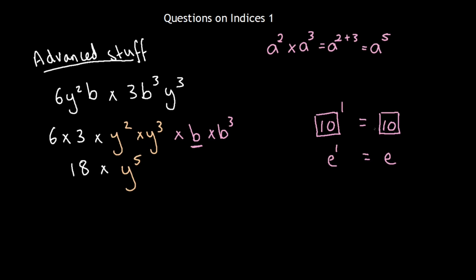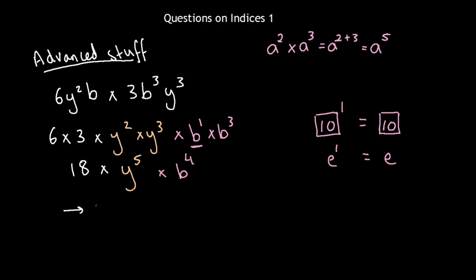So what this means is that we can have a 1 next to the b here. It doesn't change the value of it. So now that we know there's an imaginary 1 here, we can add up the powers. So we can go 1 plus 3, which is 4. And that's pretty much it, except we just need to get rid of the multiplication sign. It's just a little bit extra, we don't need it.